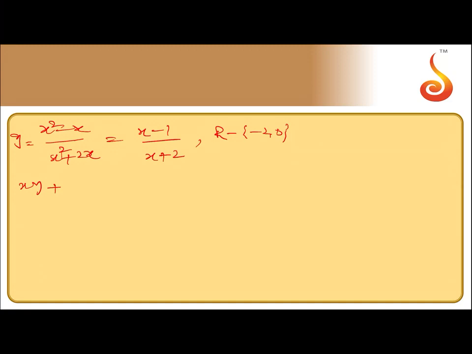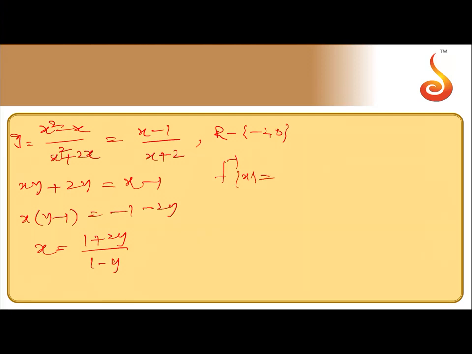Why don't you express x in terms of y? xy plus 2y equals x minus 1. So x multiplied by y minus 1 equals minus 1 minus 2y, so that x equals 1 plus 2y divided by 1 minus y. So f inverse of x equals 1 plus 2x divided by 1 minus x.